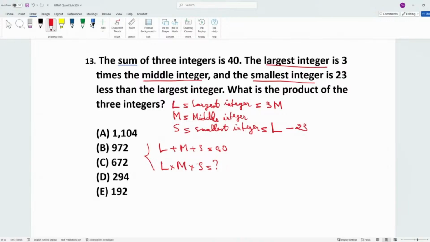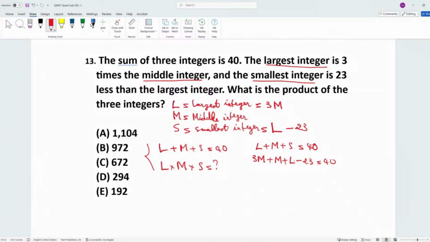Since we have here large plus medium plus small is equal to 40, and we know that the largest integer is equal to 3 times the middle integer, and the smallest is equal to largest minus 23.